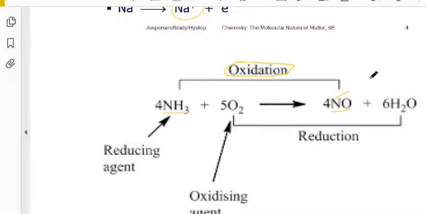And this hydrogen moves from here and joins with oxygen, so here there is a reduction of oxygen. So oxidation is taking place with ammonia, with nitrogen, so it is called the reducing agent, just the opposite. Those undergoing oxidation are called reducing agents. Those undergoing reduction are called oxidizing agents.